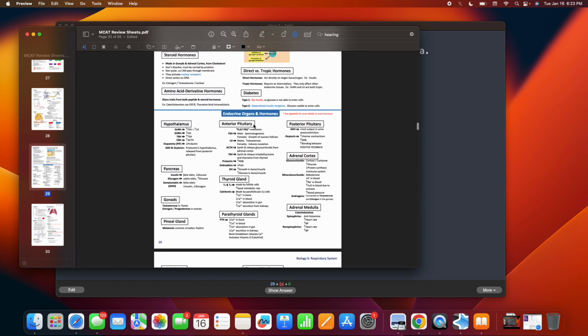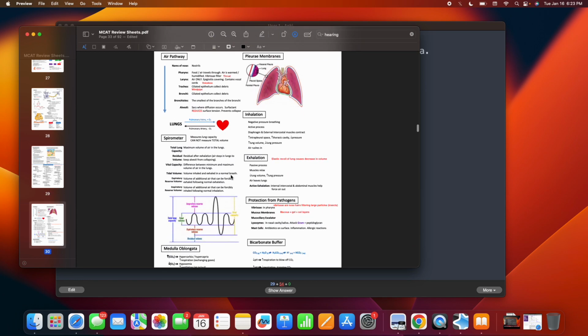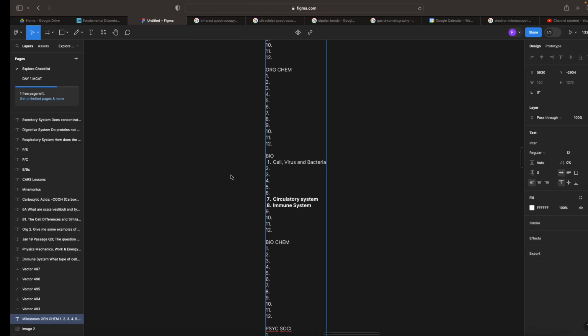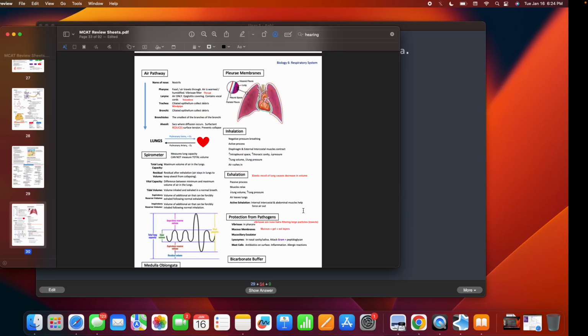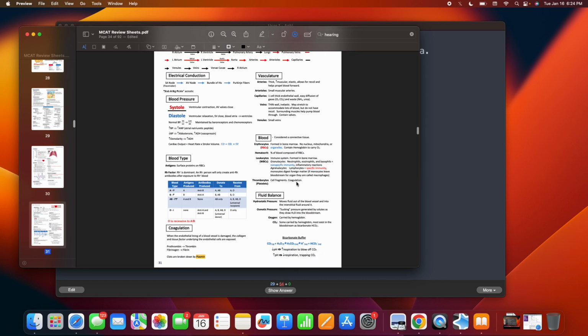However, I've done this a bit before, but we do have chapter 6 down, which is the respiratory, and we do have chapter 7 down, it's cardiovascular.